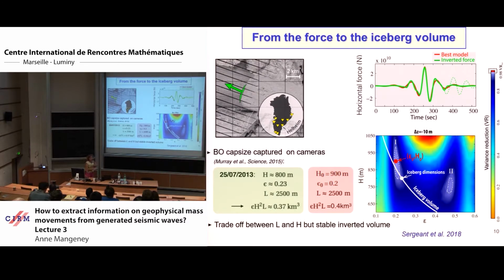And we compare with all our catalog of forces, and the best model, which gives the better variance reduction, is the red model here that reproduces very well the inverted force in the frequency domain of seismic data. And this actually corresponds to this point here, which gives a value of h of more than 850 meters and a value of epsilon of about 0.2.